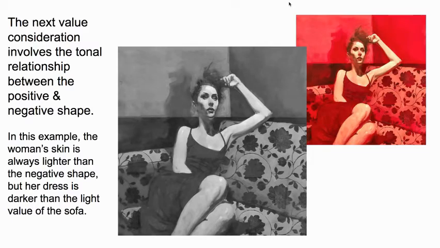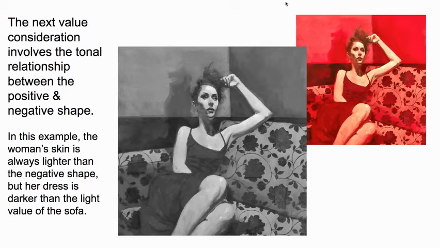The next step, which is step 3, is all about the negative shape and its value in relation to the positive shape. So I want to just take a time out from animals here and use this one Michael Carson painting as an example, because this is a great example.